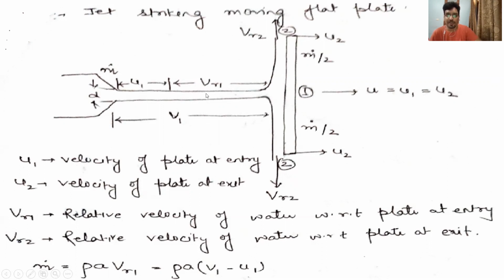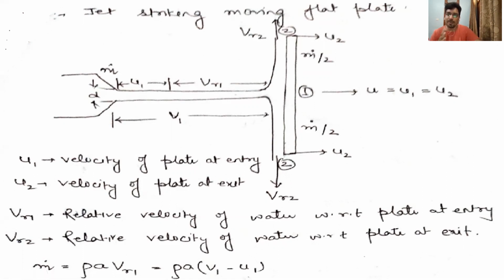So this is VR1 and this is U1, velocity of plate at entry of the jet. And this U2 is the velocity of plate at exit, and the mass of jet is distributed into two parts, that is m dot by 2 and m dot by 2.